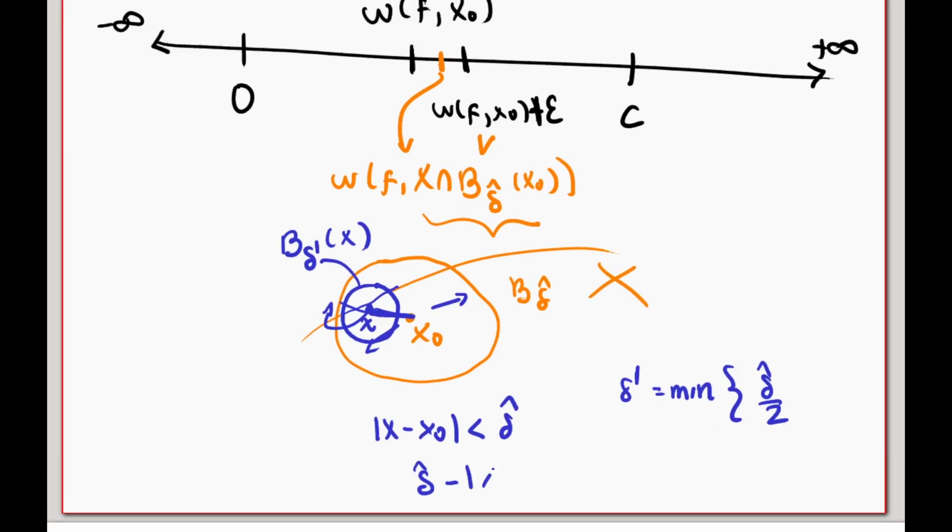This is delta minus this value, right? So if we divide this once again by 2, and let's call this, I don't know, R. Then if we take the minimum of these two values, then this ball will be inside of that other ball.